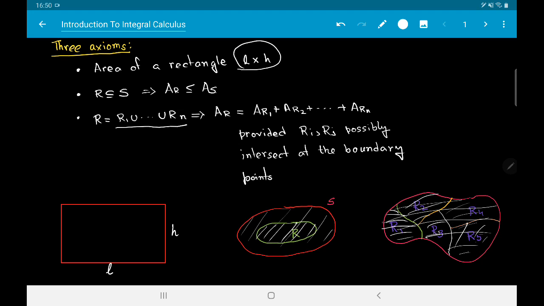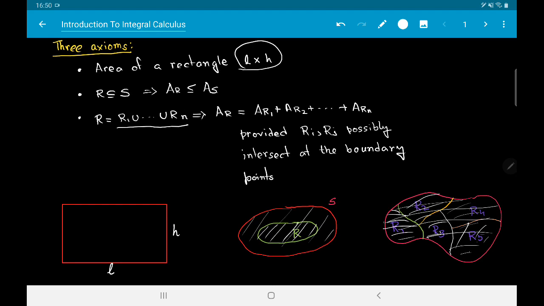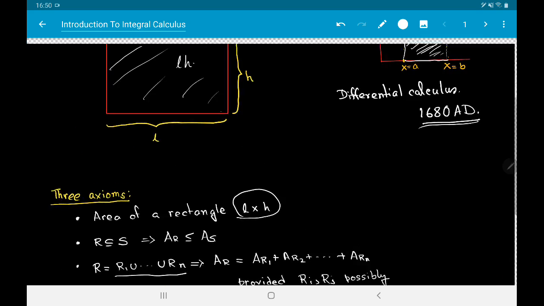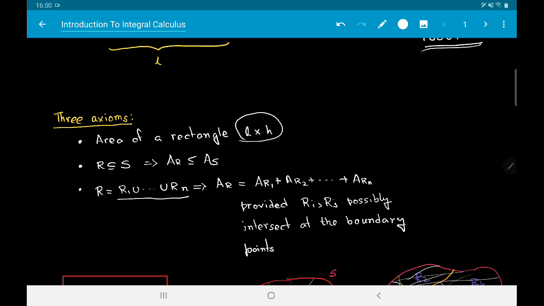You may grant me these axioms just like that, because these are so intuitive, and we will see how we will be able to make sense of area of regions of this type by just using these ideas. All these things are at the heart of integral calculus.